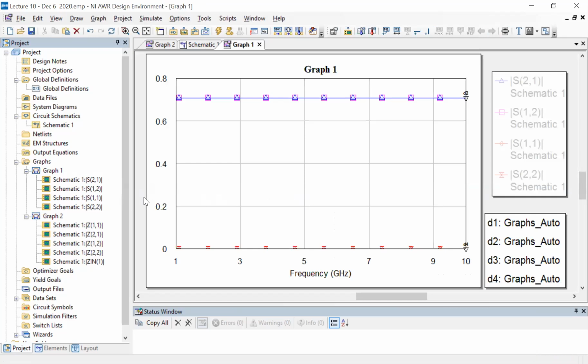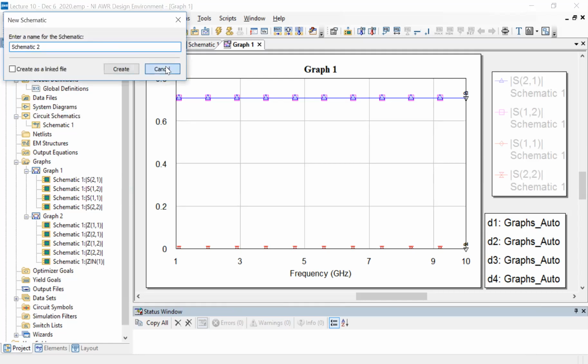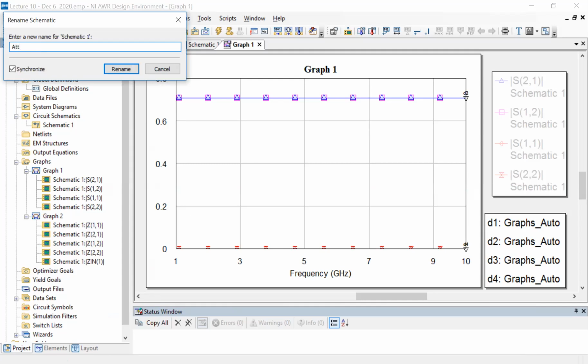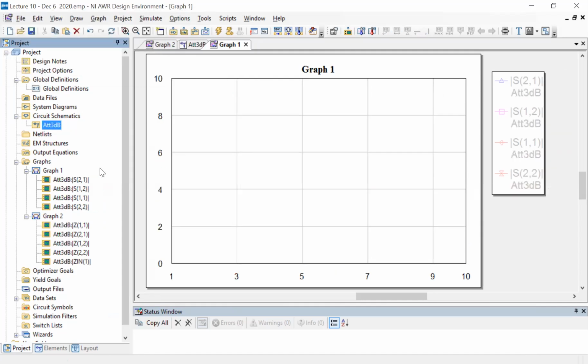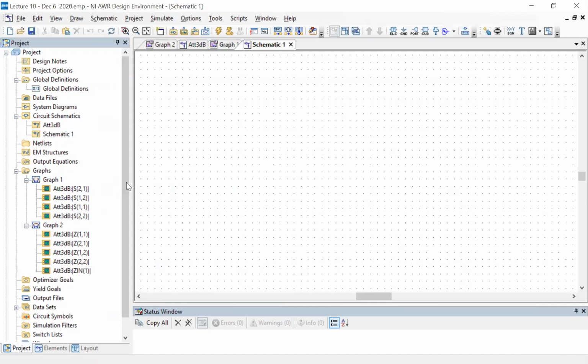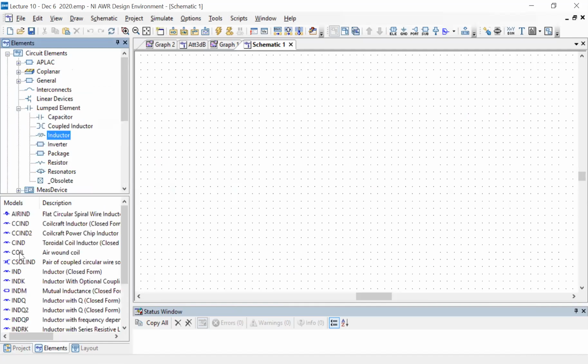Okay, now this idea of reference planes, which is what I wanted to elaborate a little bit more on here, I think I'll make a new schematic. So let me call this one attenuator 3 dB. Okay. I will make our favorite and most familiar LC oscillator.